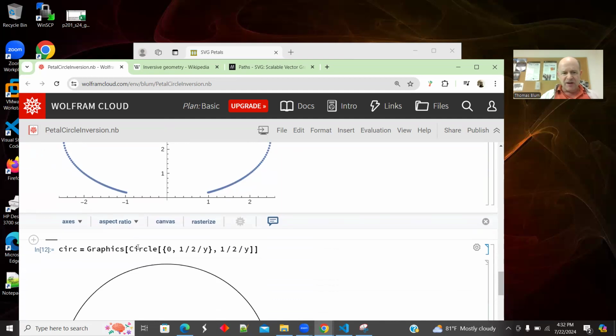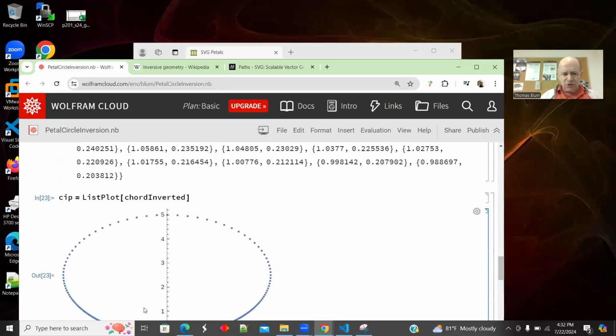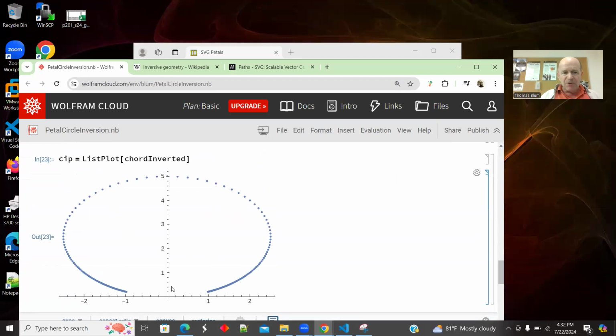Mathematica allows me to just define a circle. And the circle goes up to the reciprocal, the point here that was sort of like 0.2 gets mapped onto 1 over 0.2. So that was the 5.